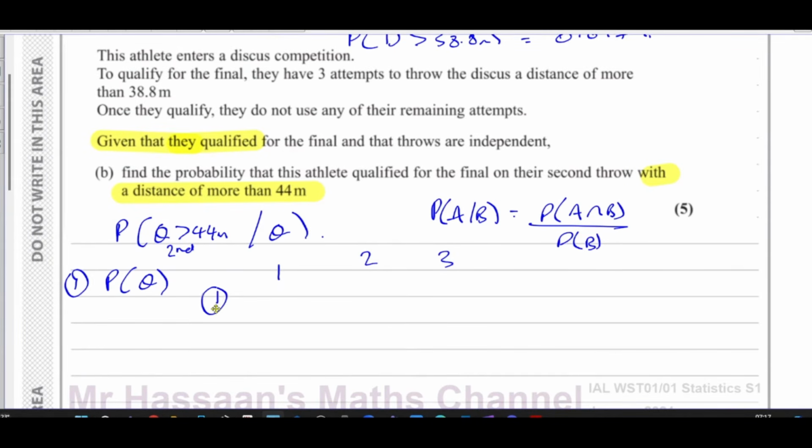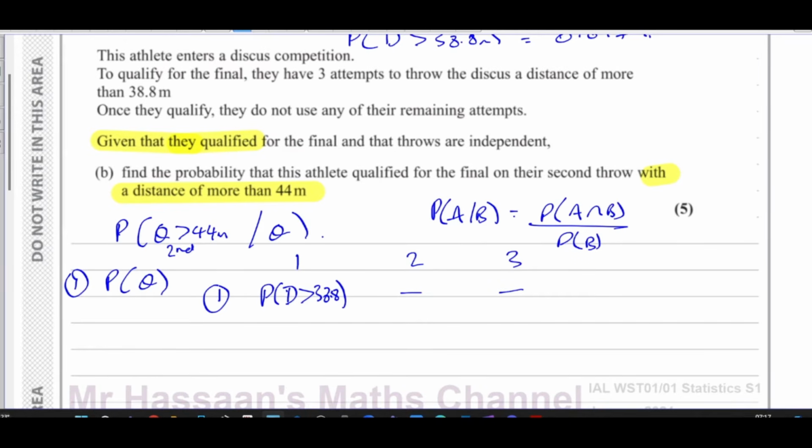The first scenario would be that they qualify on the first throw. So for the first throw, we find the probability that the distance they threw is more than 38.8 meters, which would mean that they do not require a second throw and a third throw.